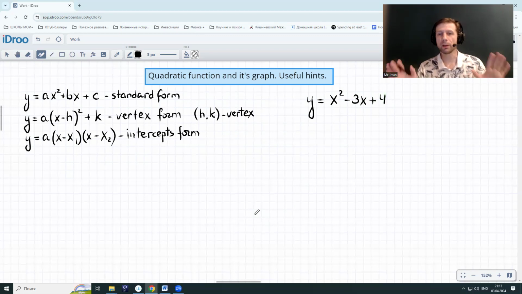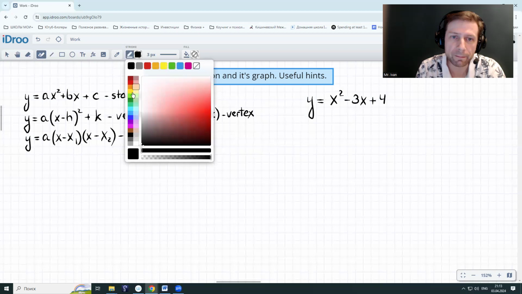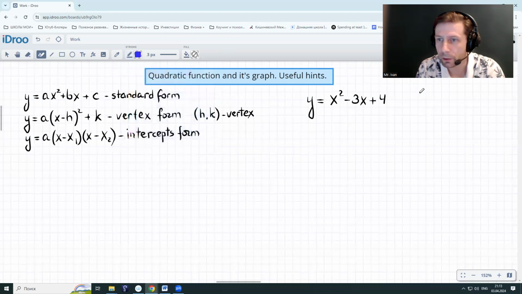So here we have a equals 1, b equals negative 3. Please do not forget about the negative sign, okay? And c equals 4.